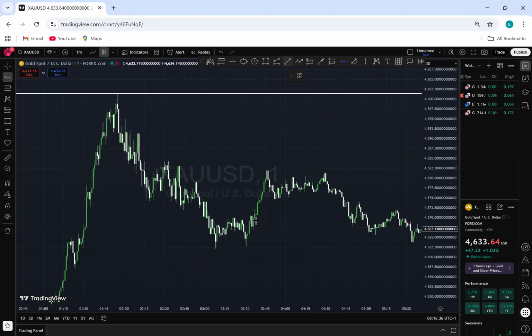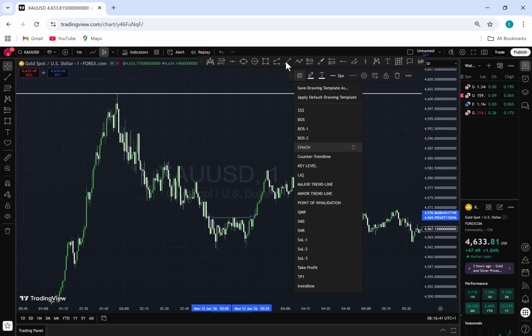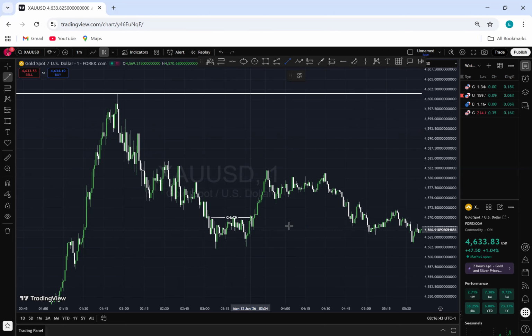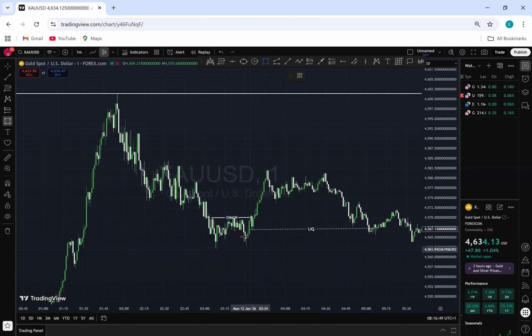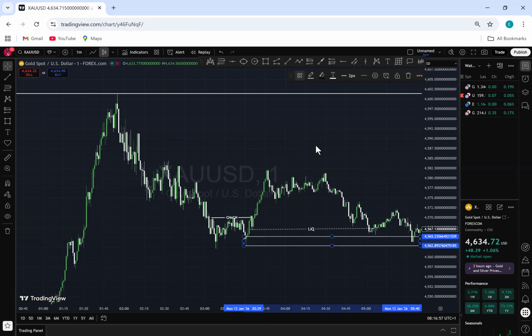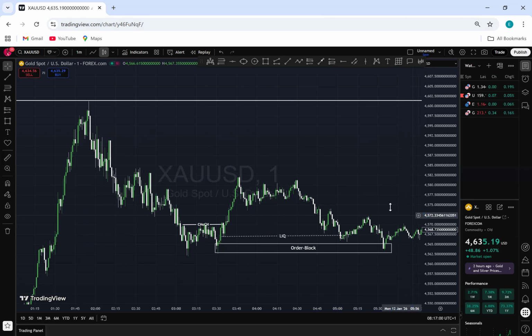This would be a change of character. And then this would be the liquidity. And then this key level entry would be the area you are looking at. So we have our order block here.